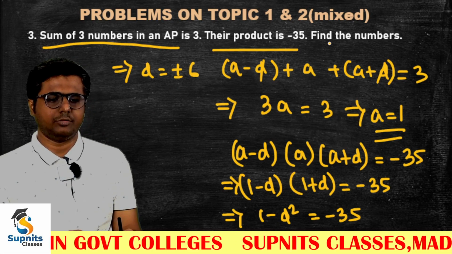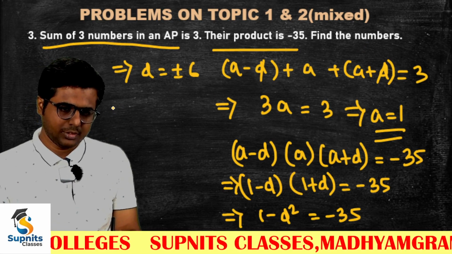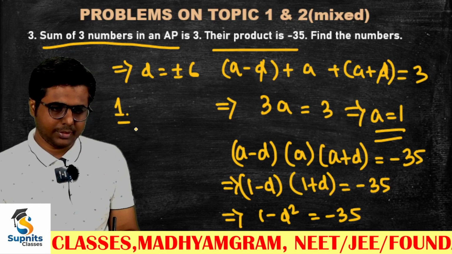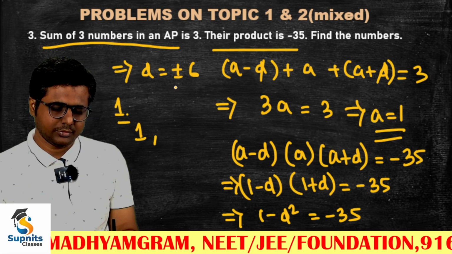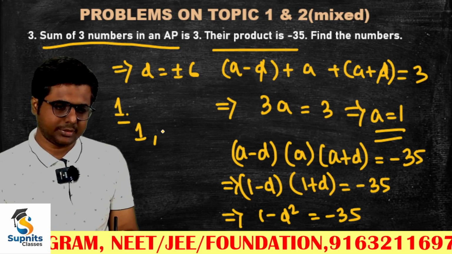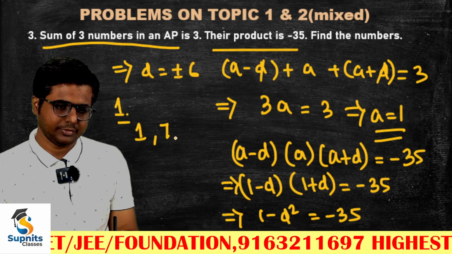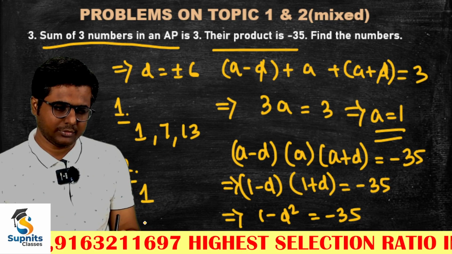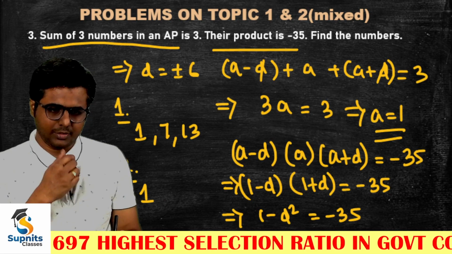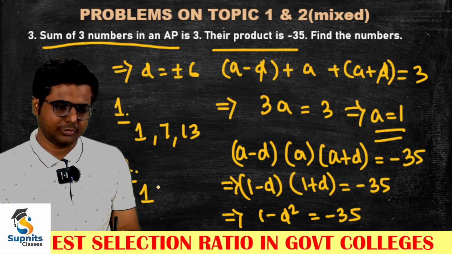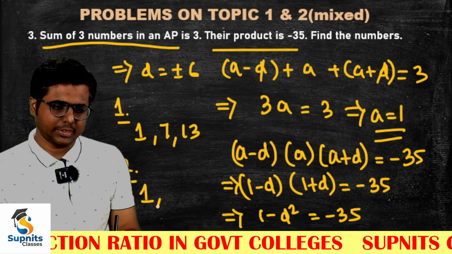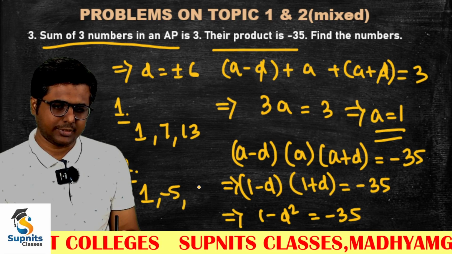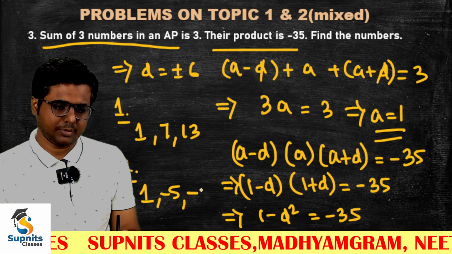Now you have to find out the numbers. Case 1: the number is 1, and if I take D as plus 6, then it will be 1, 7 and 13. Case 2: the number is 1, and if I take D as minus 6, then it will be 1 minus 6 is minus 5, minus 5 minus 6 is minus 11.